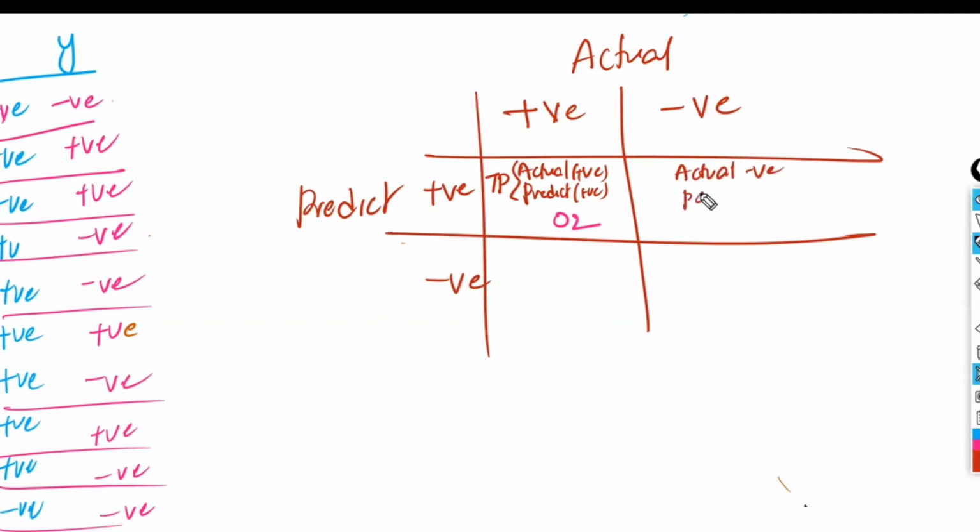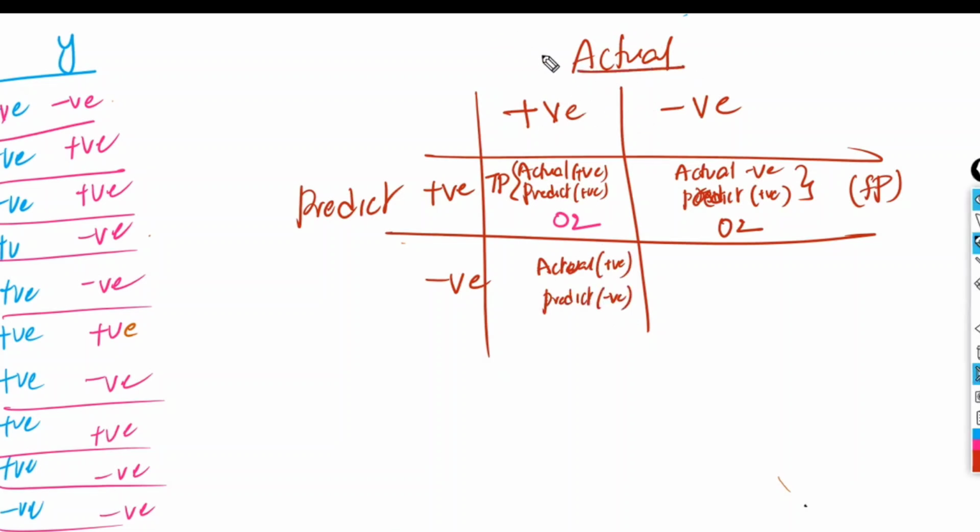Predicted is positive. So what have you predicted? You have predicted positive. Whether you have predicted rightly or wrongly? Wrongly. So it is called FP. How many FPs are there in our data? 2 are there. Right?